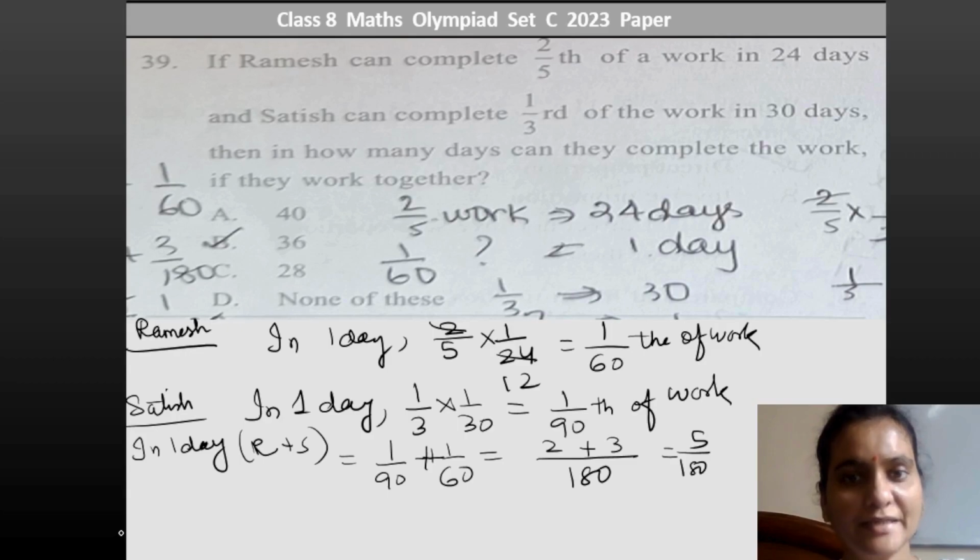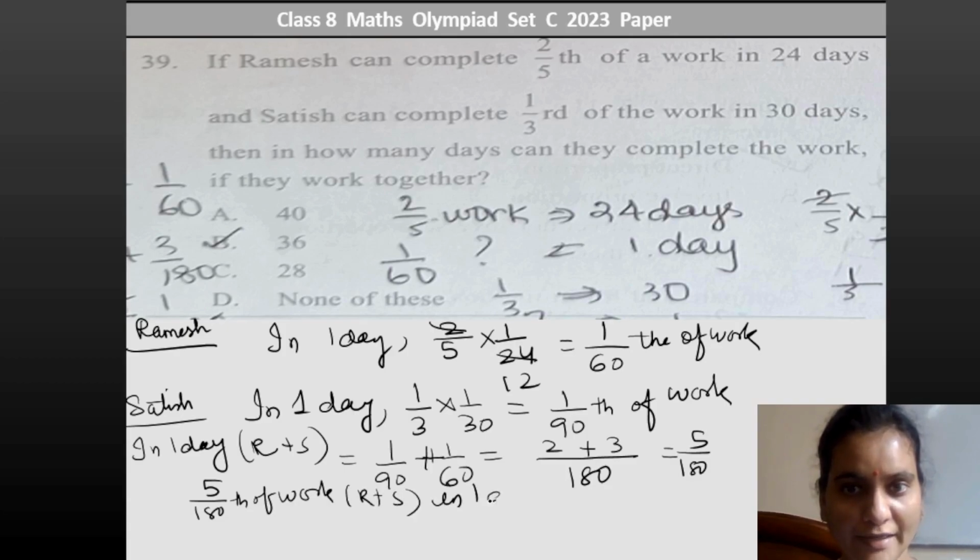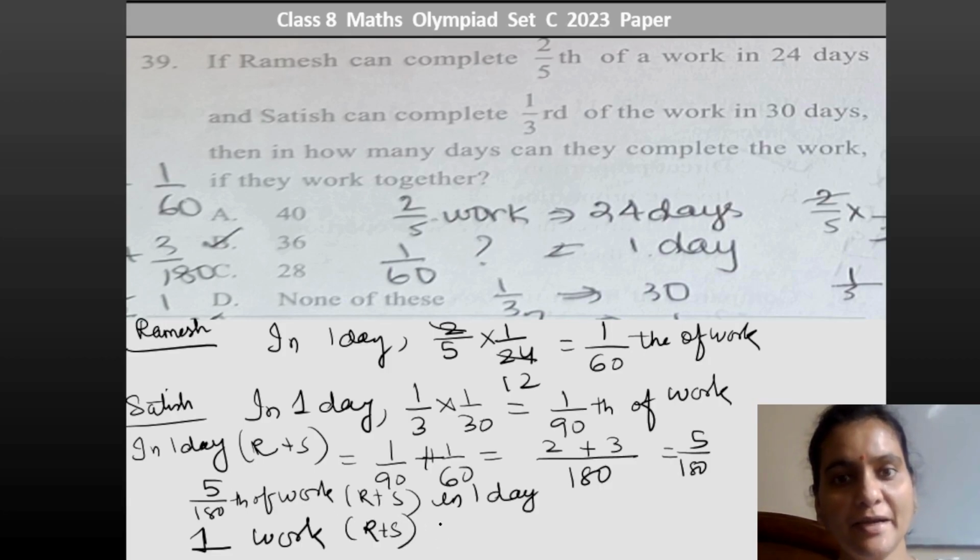So 5/180 of the work is what R plus S are able to do in one day, right? So the entire work, let me take the entire work as 1. So for Ramesh and Satish, that will be 1 divided by 5/180, right?